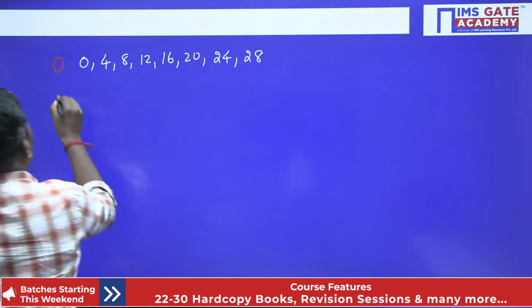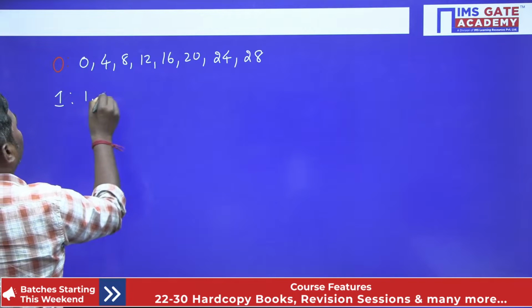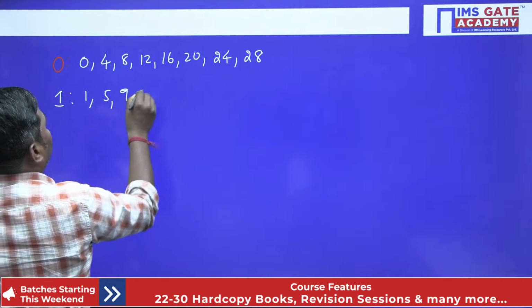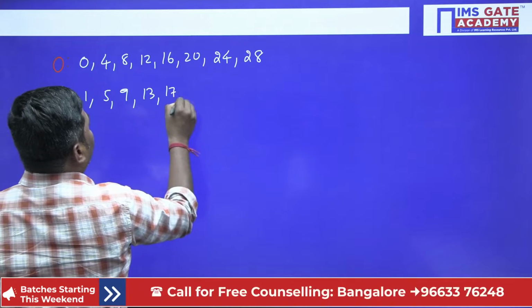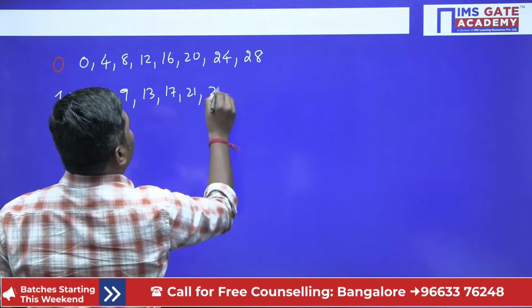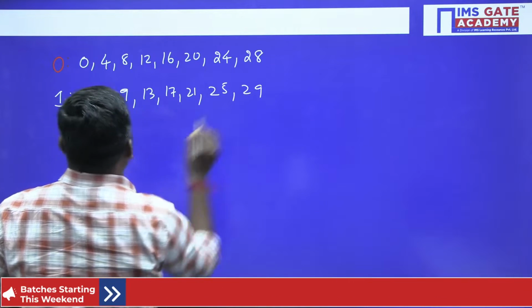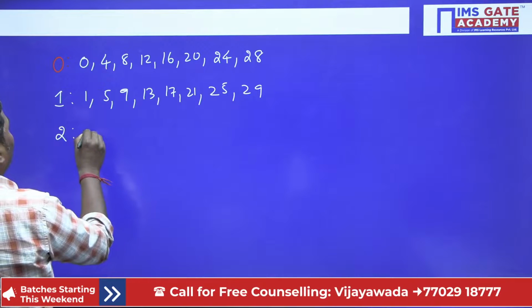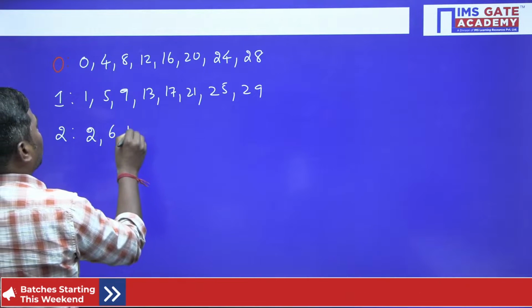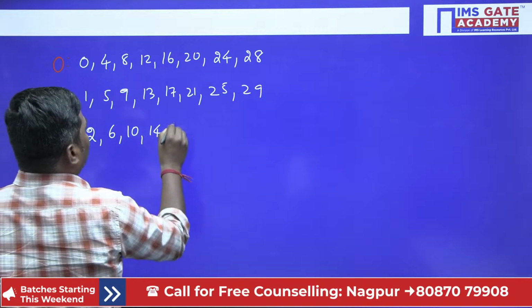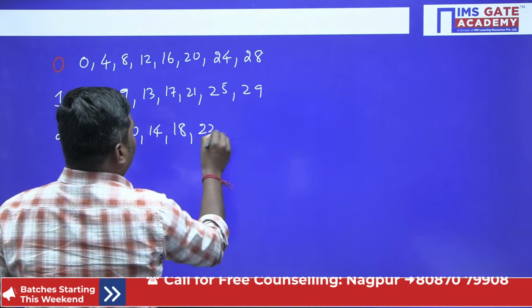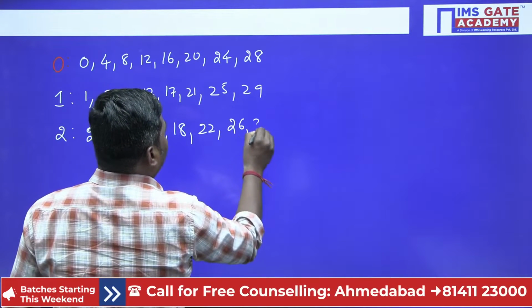For block number 1: 1, 5, 9, 13, 17, 21, 25 and 29. For block number 2: 2, 6, 10, 14, 18, 22, 26, 30.